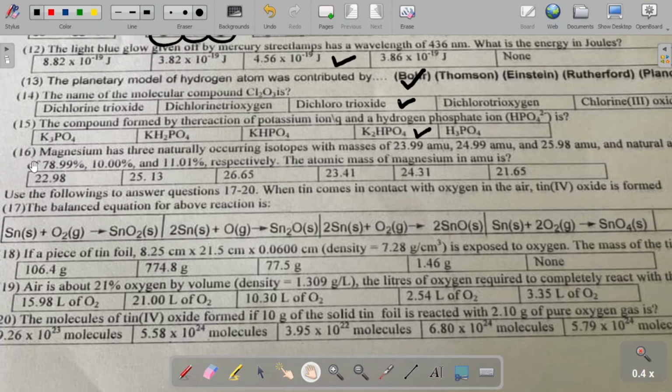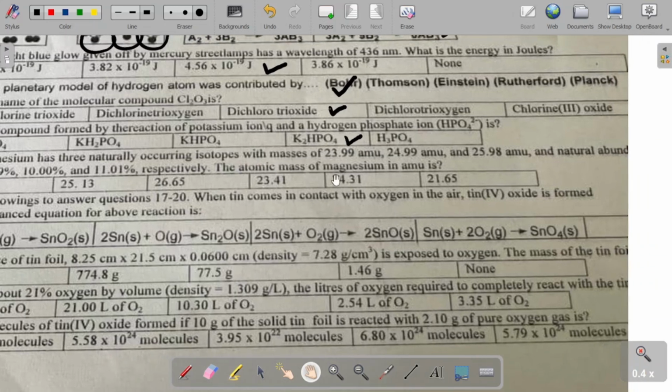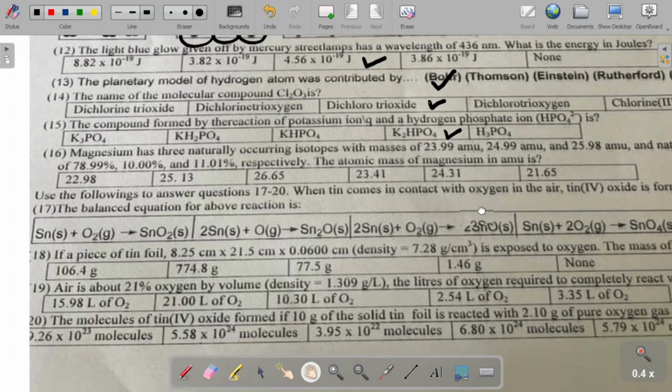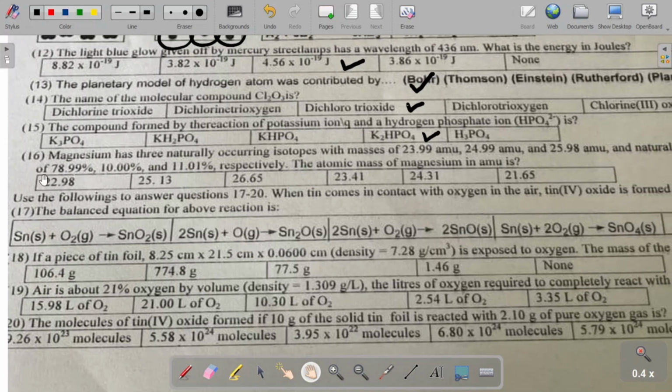All right, 16. 16 says magnesium has 3 naturally occurring isotopes with masses 23.99 atomic mass units, 24.99 atomic mass units, and 25.98 atomic mass units, and the natural abundances of 78.99%, 10.00%, and 11.01% respectively.